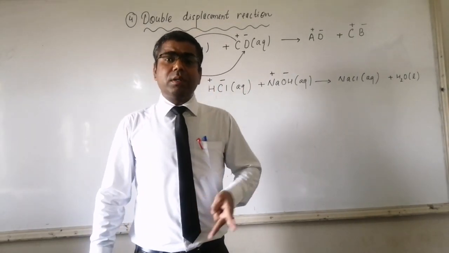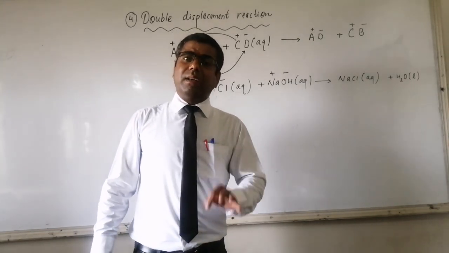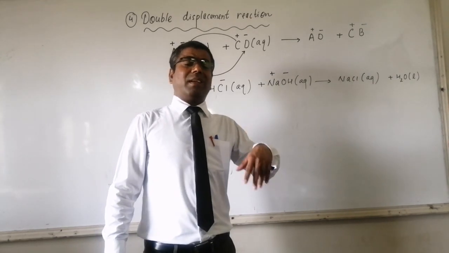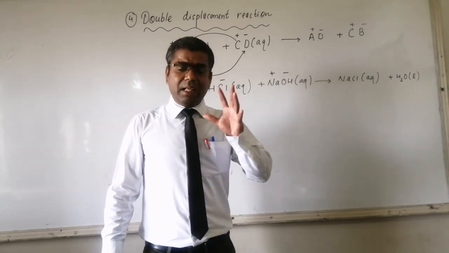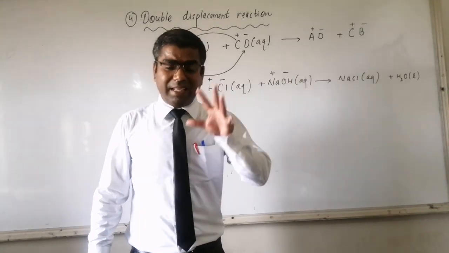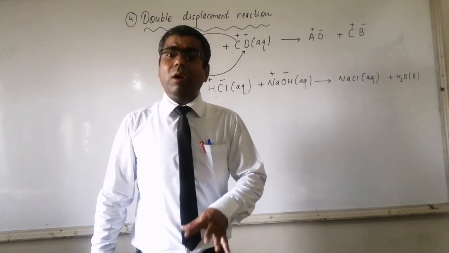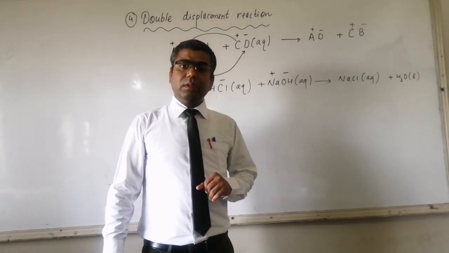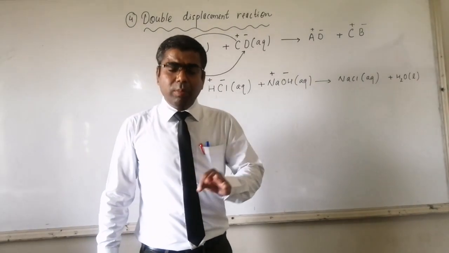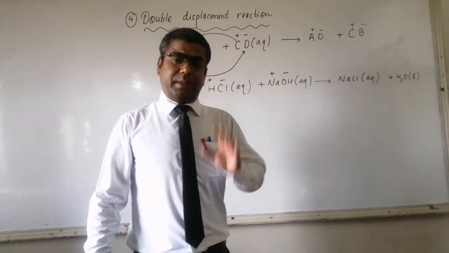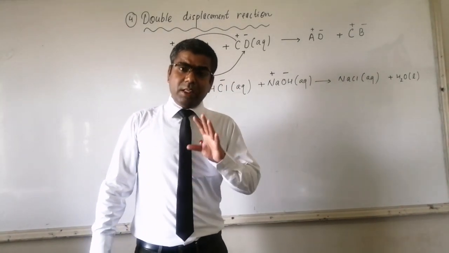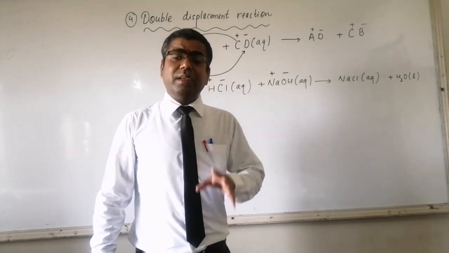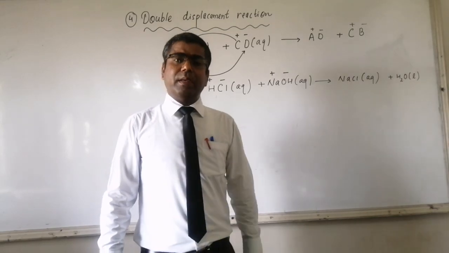Out of two compounds, one compound will be water insoluble. So what happens to that water insoluble compound? That insoluble compound will get deposited at the bottom of the beaker or the test tube or the container. That insoluble part is called precipitate. The insoluble solid formed after the chemical reaction is called precipitate.